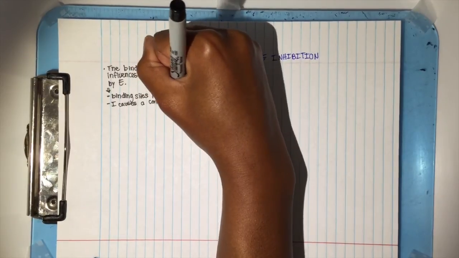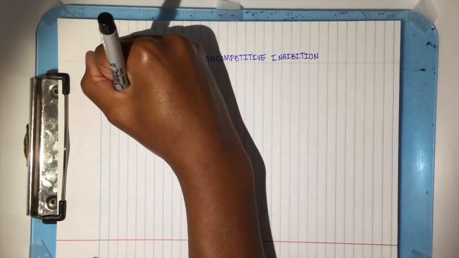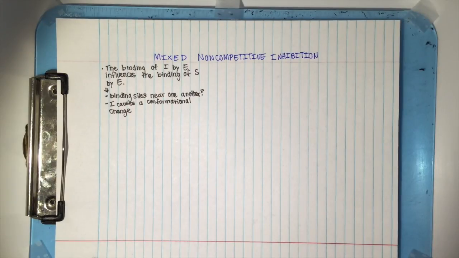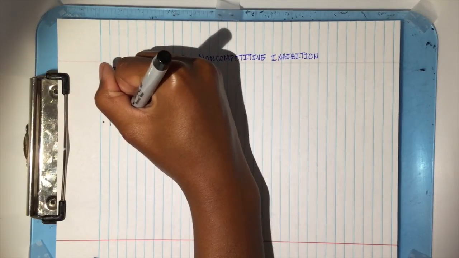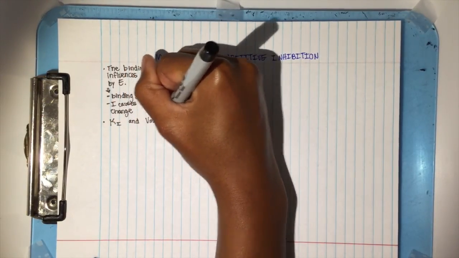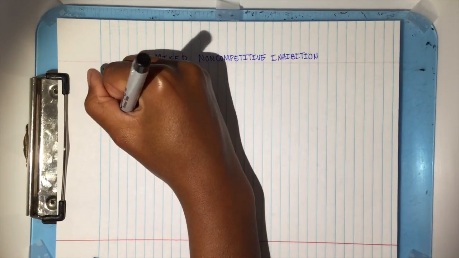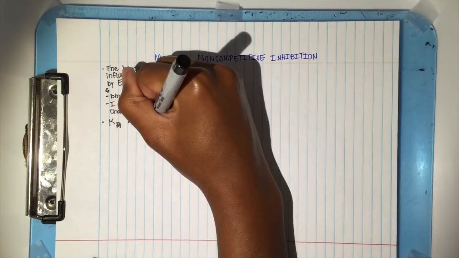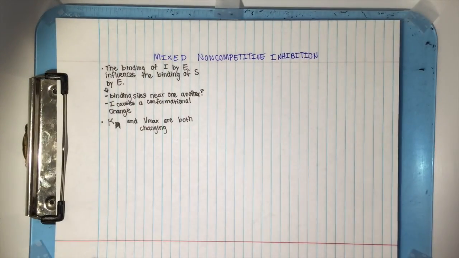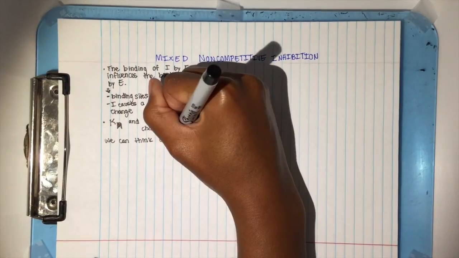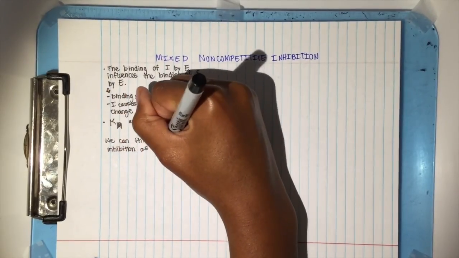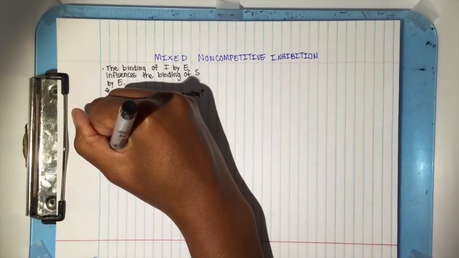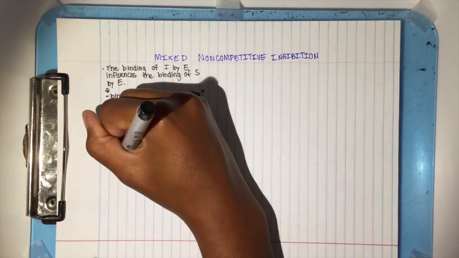And the second thing is that I causes a conformational change which affects the way that the enzyme binds to the substrate. Next, we should know that Km and Vmax are both changing. I know I wrote Ki there, but don't worry, I'll fix that. So Km and Vmax are both changing. And so we can actually think of mixed inhibition as sort of a combination of competitive and uncompetitive inhibition.